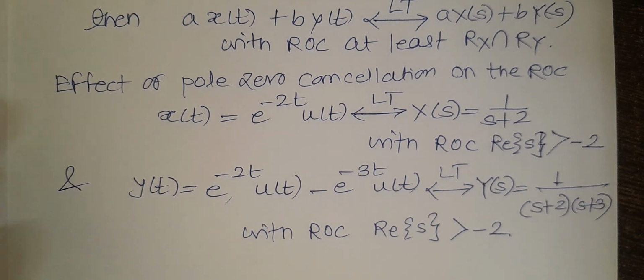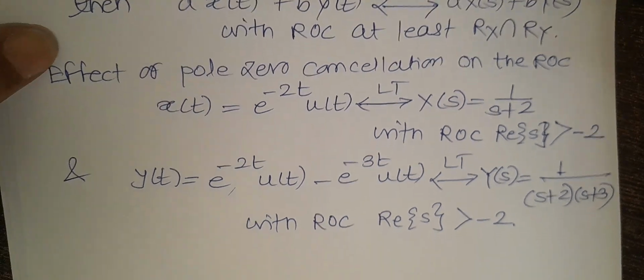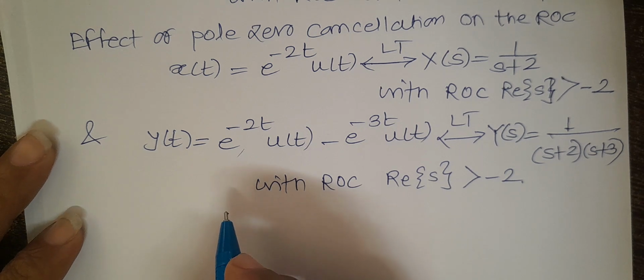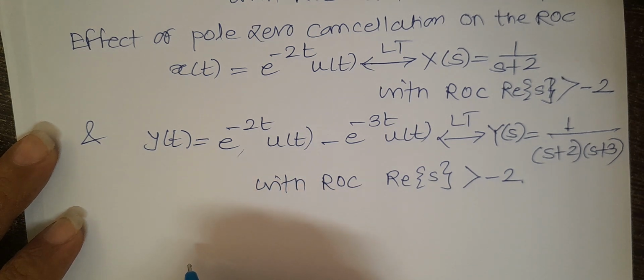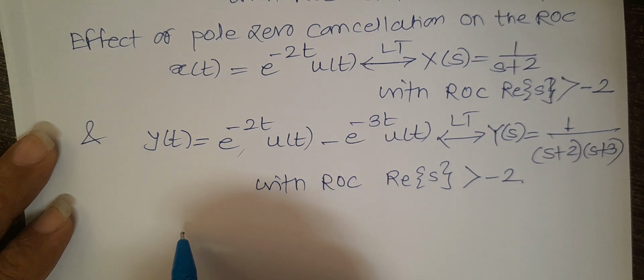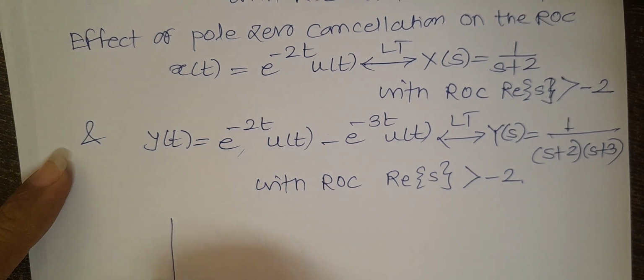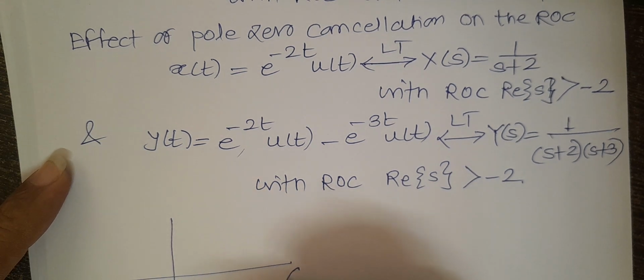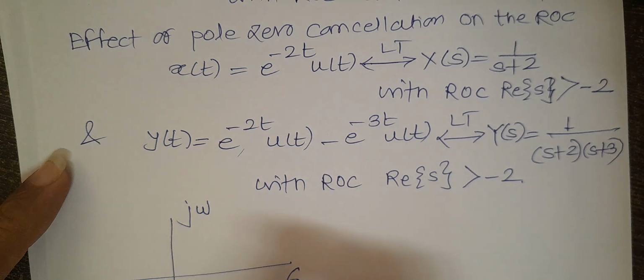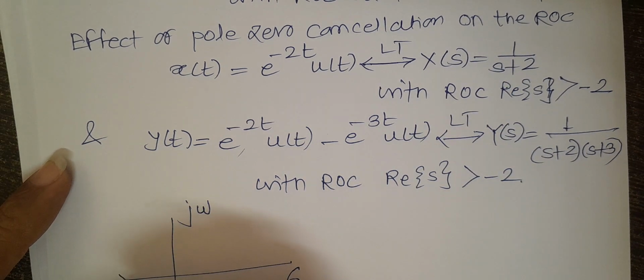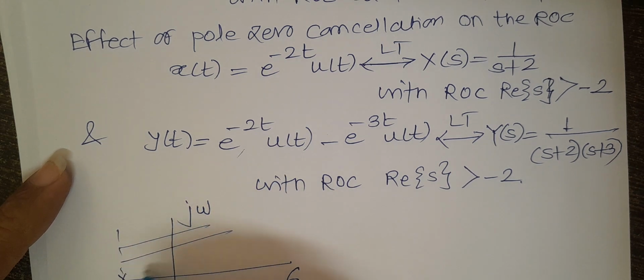So here the s plane representation of the ROC is like this. With sigma and j omega axes, in this case there is one pole at s equal to minus 2. So this is the region of convergence.